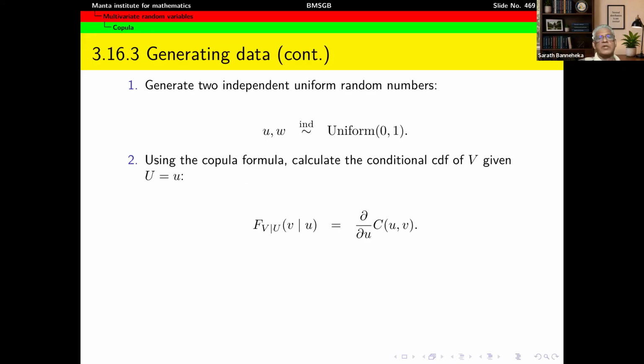Right. So I have written down some steps that are generally used. First, generate two independent uniform random numbers, say U and W, from standard uniform distributions. Generate them independently, U and W. Then, using the copula formula, calculate the conditional CDF of V given U is equal to u.